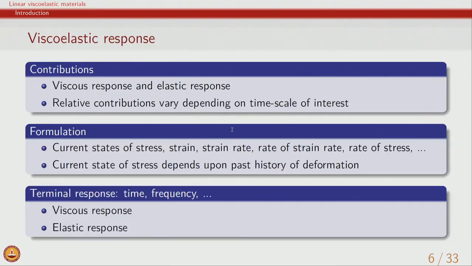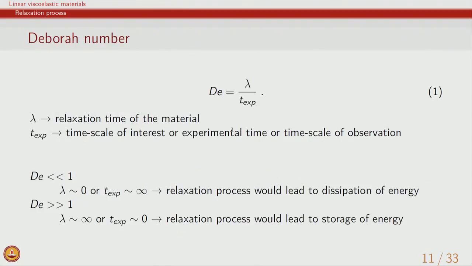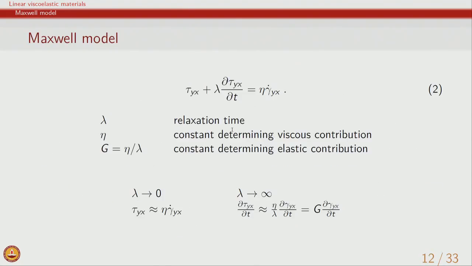And so, in the last class we had discussed the Maxwell model, and it incorporates both viscous as well as elastic contributions, and lambda is the relaxation time which determines whether the material will have a predominantly viscous response or an elastic response.